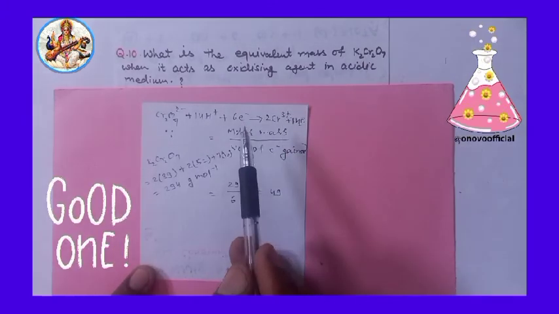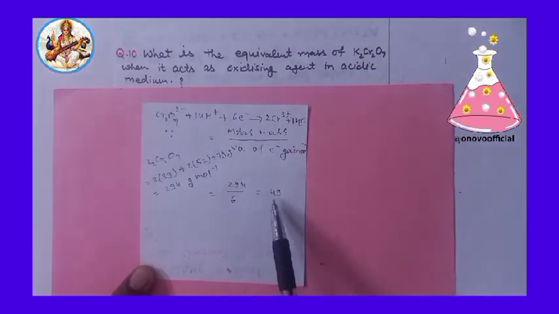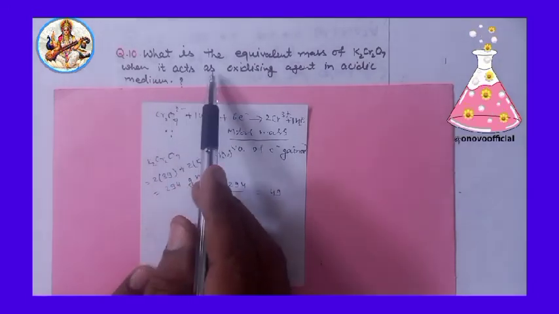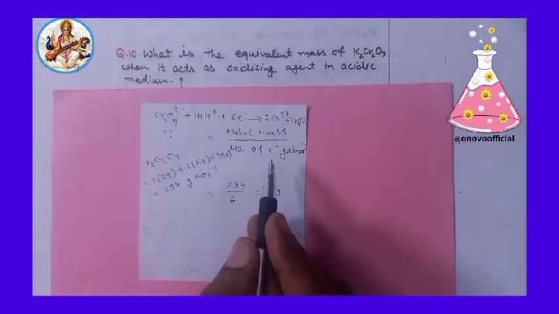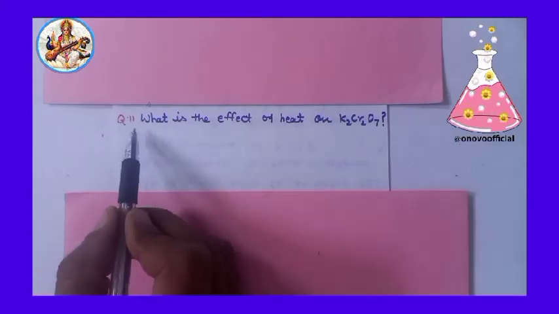It means that the equivalent mass of potassium dichromate is 49 when it acts as an oxidizing agent in acidic medium.